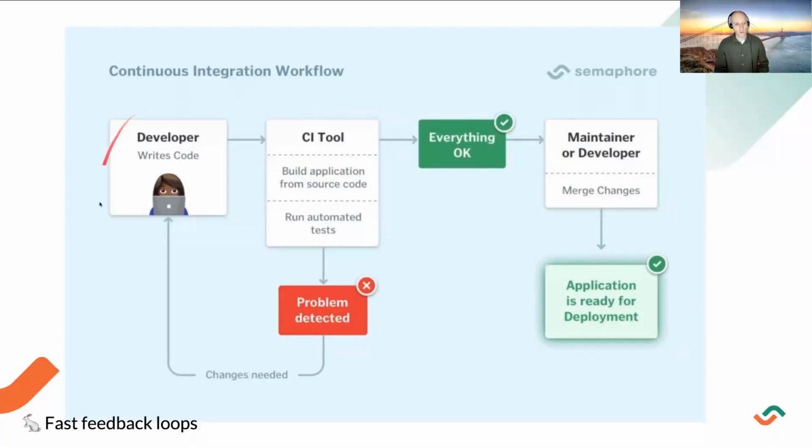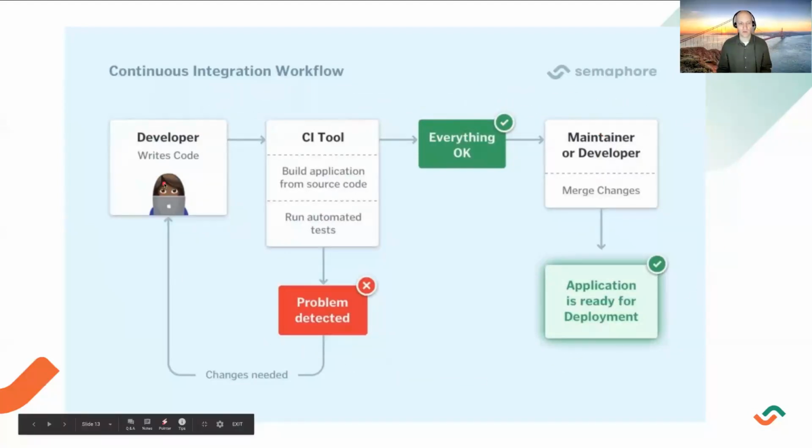So all this flow, from the developer writing the code, to having the application in a green state, to the maintainer making a decision if it is going to be merged and ready for deployment, is called continuous integration.